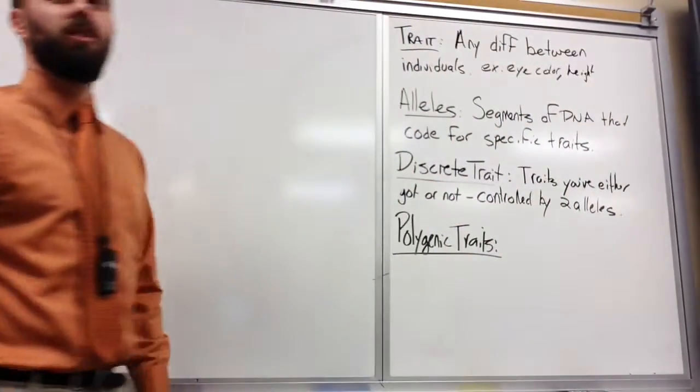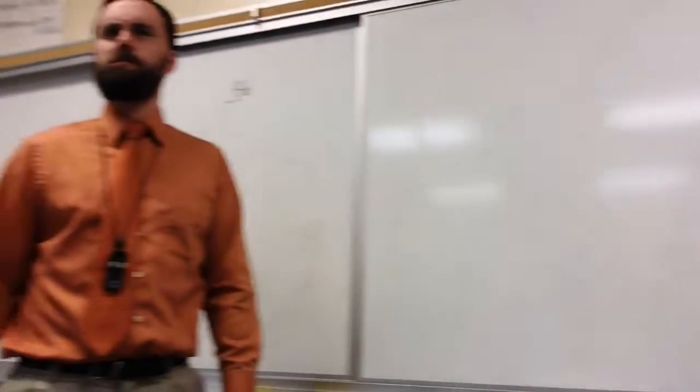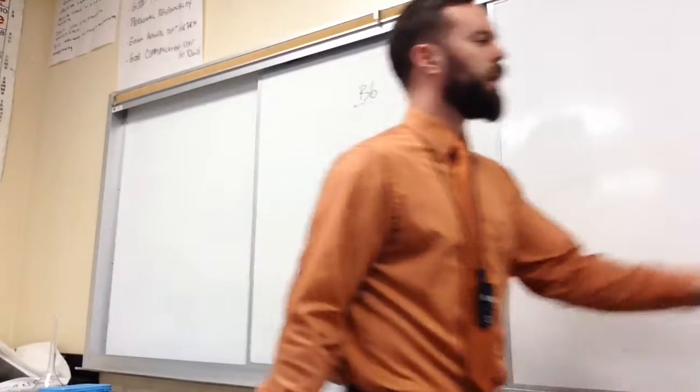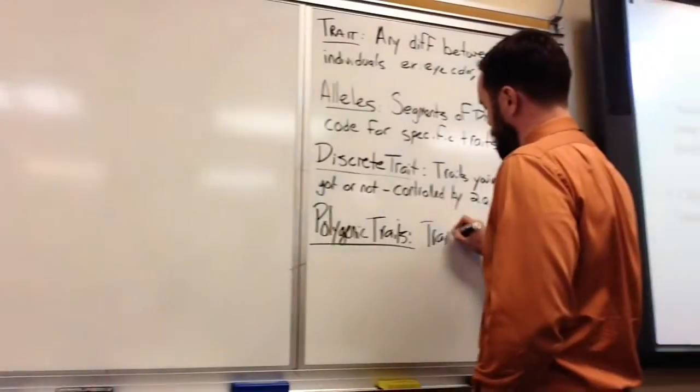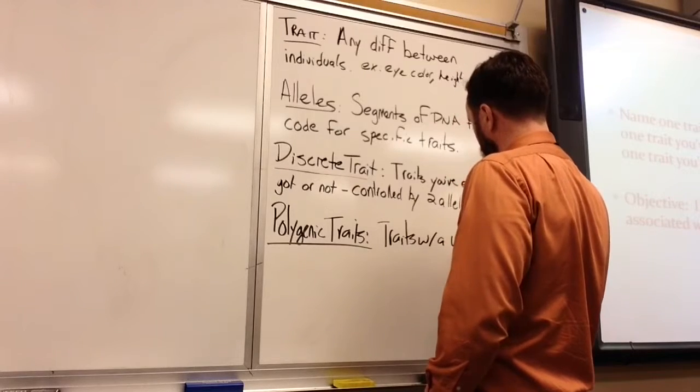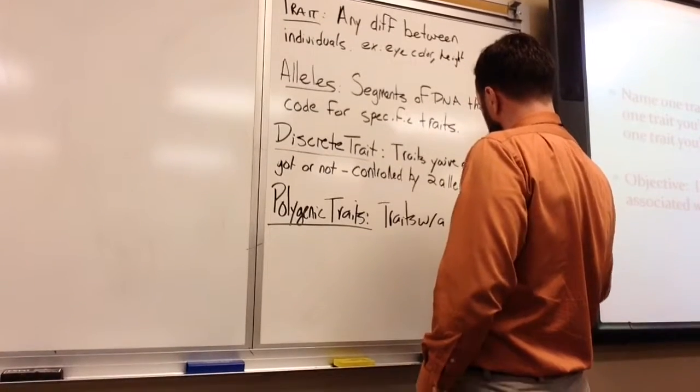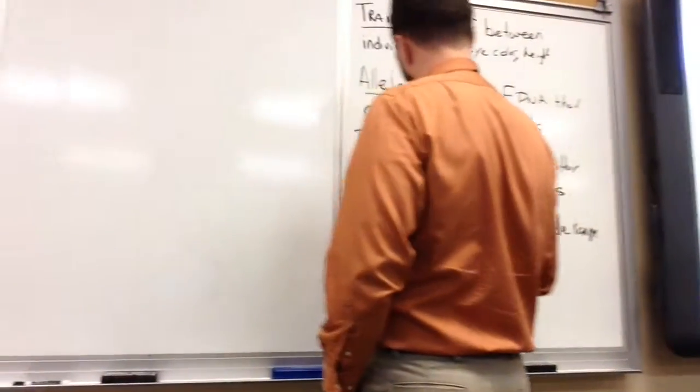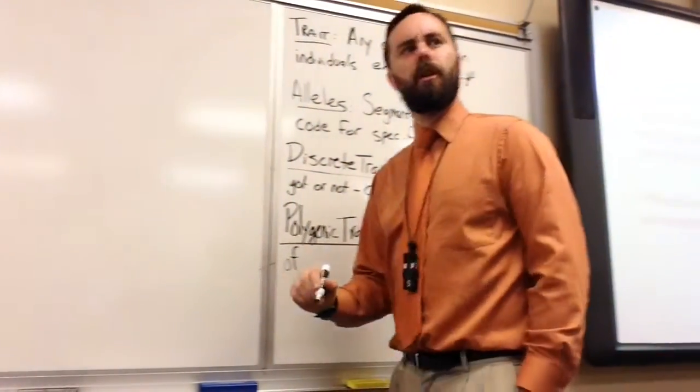And do you know the prefix poly by chance? Multiple or many, yeah. So polygenic traits are traits with a wide range of, how do we want to say that, appearances.